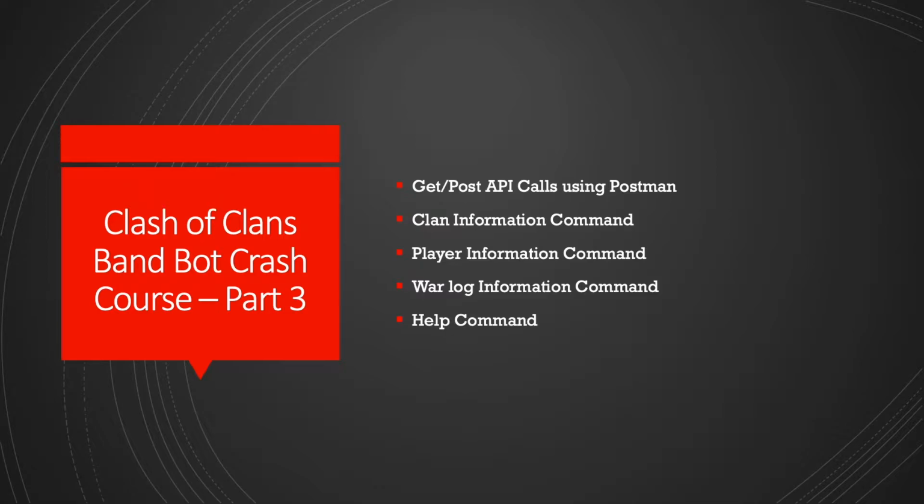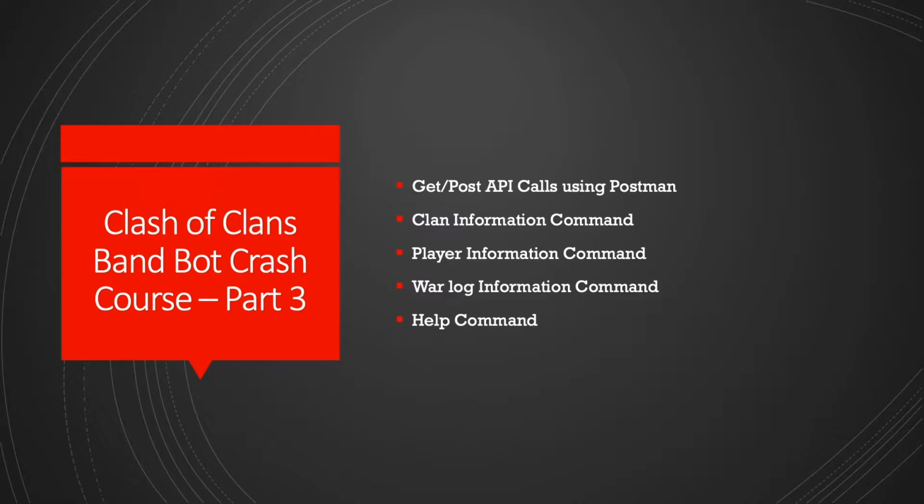So the first thing we're going to look into is GET and POST API calls using Postman. We're going to use the services that we registered in the beginning of Part 2, authenticate, and see what sort of information we're able to get and how we're able to interact with those API services before we build our actual program at the end.